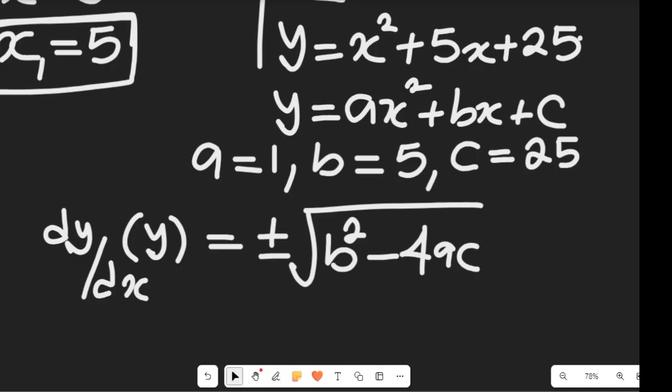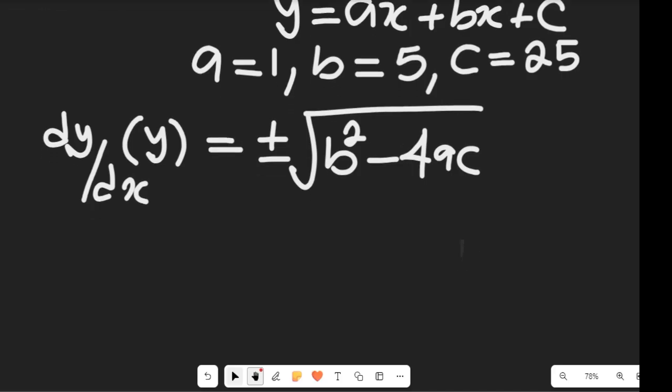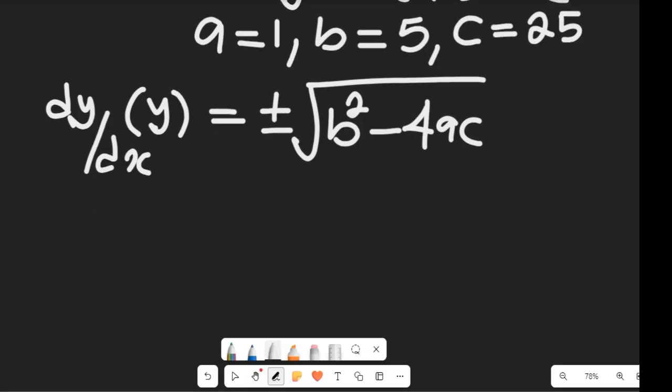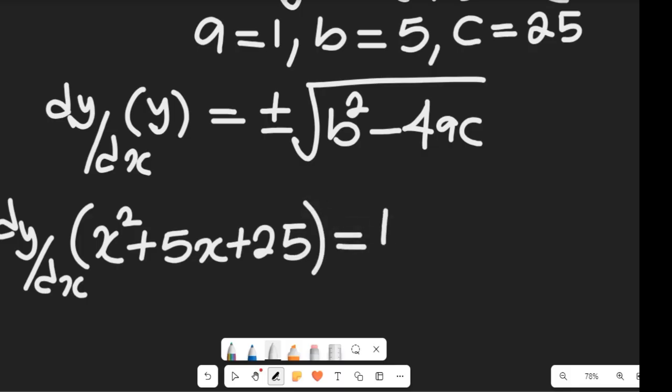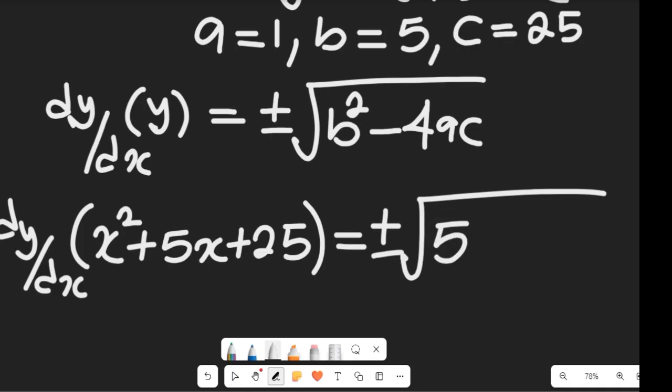So if we insert those parameters into that expression, we'll have dy/dx of our x square plus 5x plus 25, and this will be equal to plus or minus the square root of 5 square minus 4 multiplied by 1 and multiplied by 25, which is c.